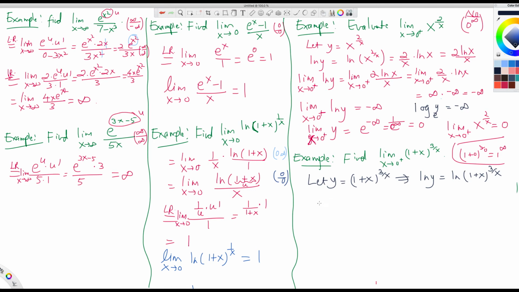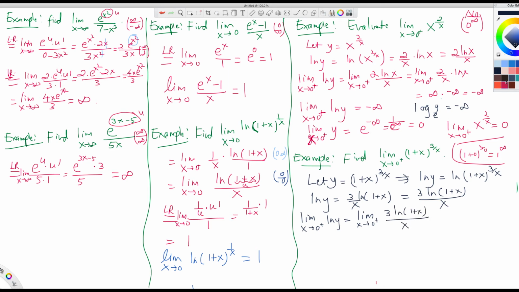So I write natural log of y equals 3 over x times natural log of 1 plus x, which is 3 natural log of 1 plus x over x. You can do it that way. Now take the limit. Limit as x tends to 0 plus of natural log of y equals limit as x tends to 0 plus of 3 natural log of 1 plus x over x.